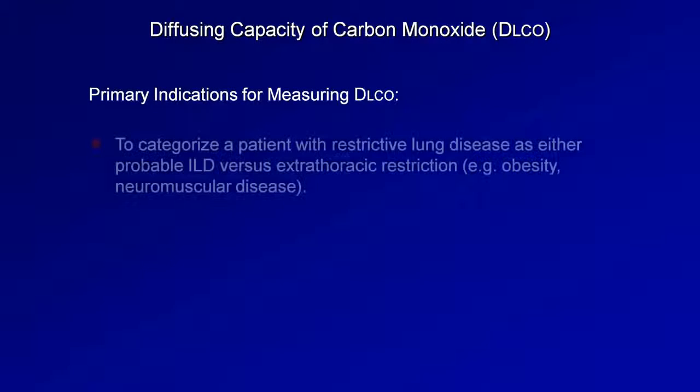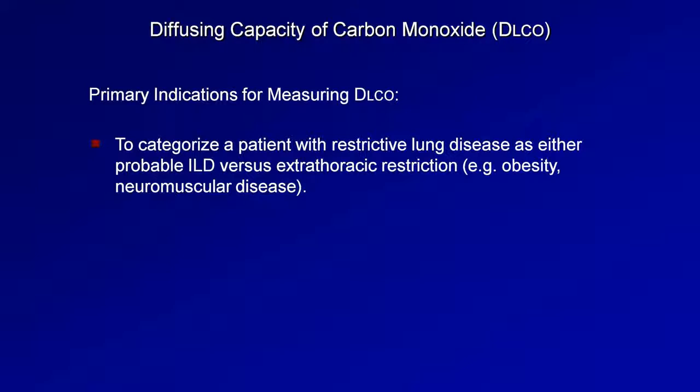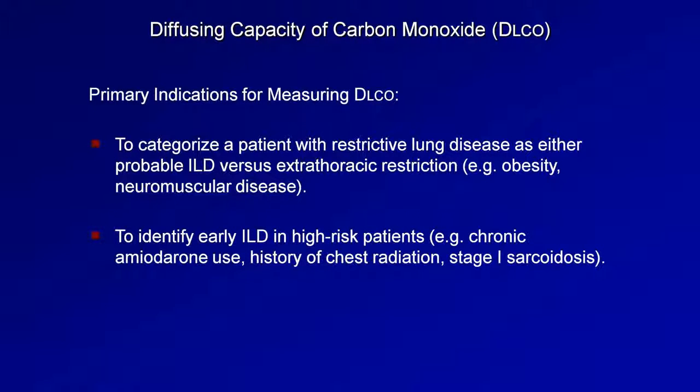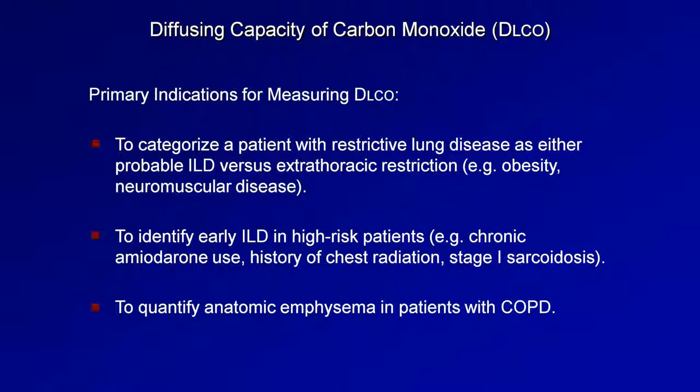Primary indications include categorizing a patient with restrictive lung disease as either probable ILD versus extrathoracic restriction, identification of early ILD in high-risk patients, such as those on long-term amiodarone, a history of chest radiation, and stage 1 sarcoidosis, quantification of anatomic emphysema in patients with COPD, and finally to document disability for legal purposes, such as receiving state disability funds.